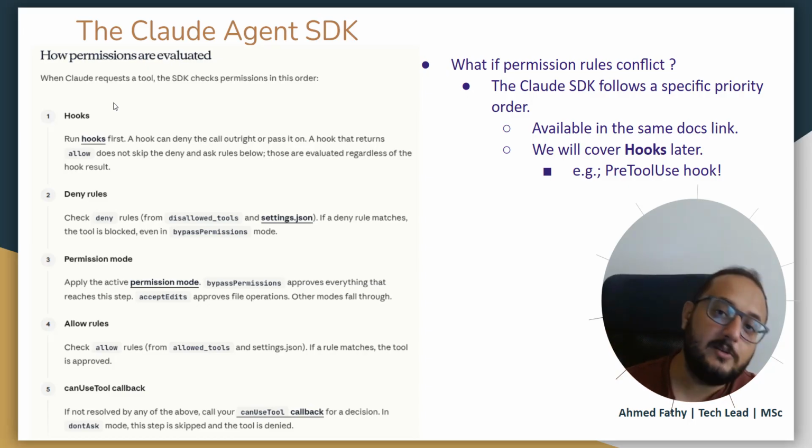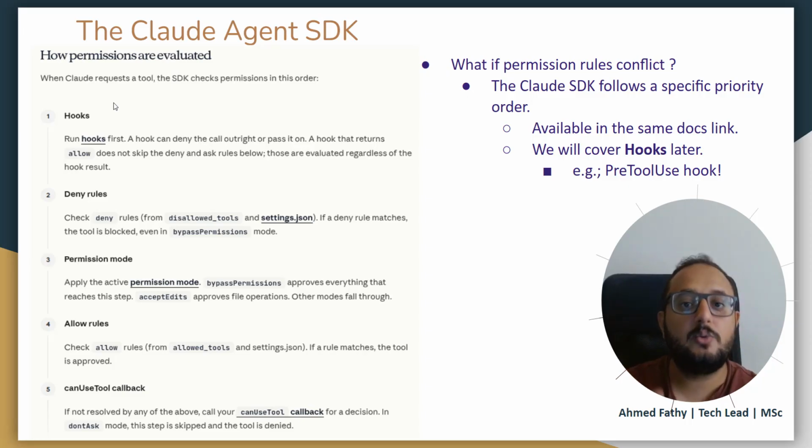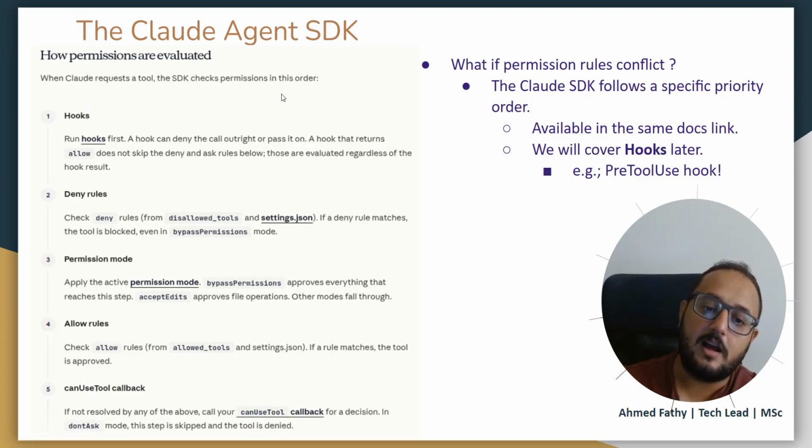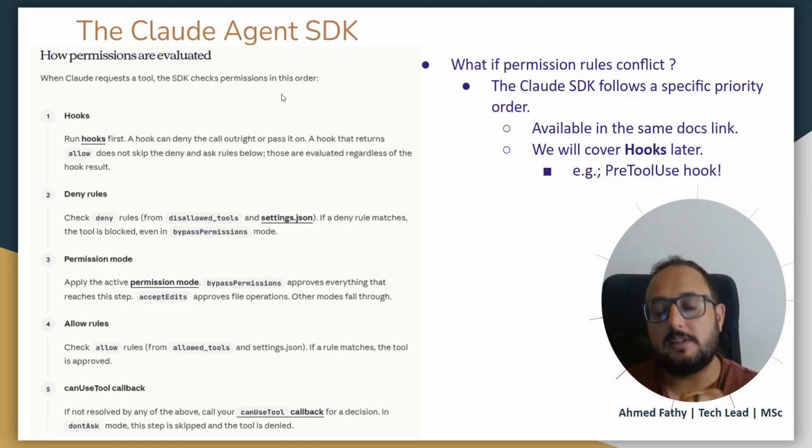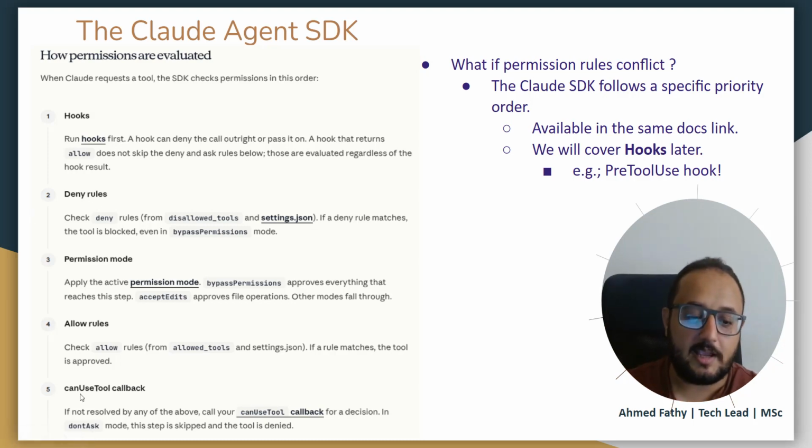But if the hook allows the tool, this doesn't mean the tool must be executed, because the tool can still be denied by any of those. So you can think of a hook as something that can deny a tool call, but not force allow it, because it can still be denied by any of the next steps. Okay. So a hook that returns allow does not skip the deny and ask rules below.